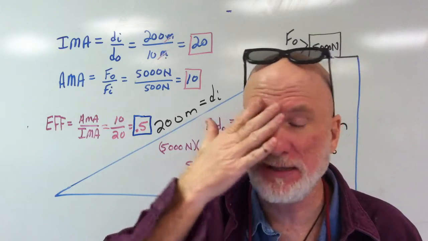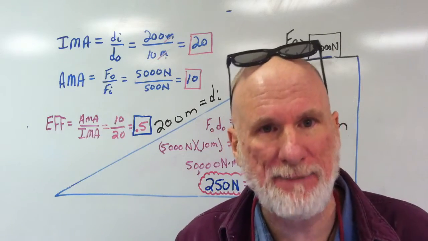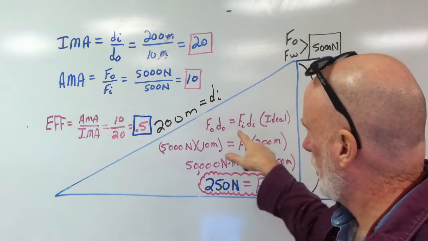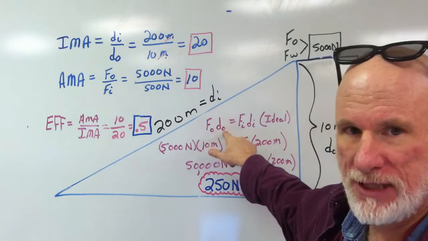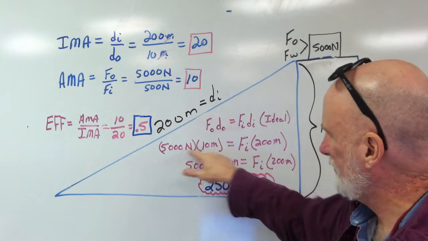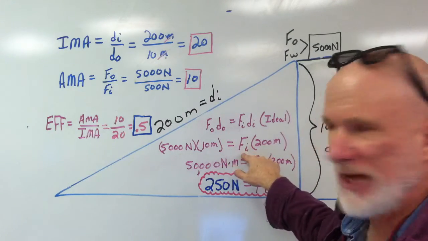But what I have is, how do you calculate the ideal input force? Well, this is the ideal equation. In other words, the output work equals the input work. FODO equals FIDI, right? So 5,000 times 10 equals FI times 200.